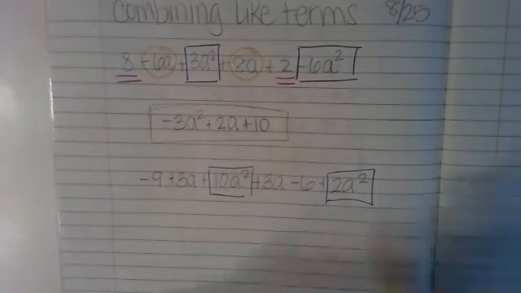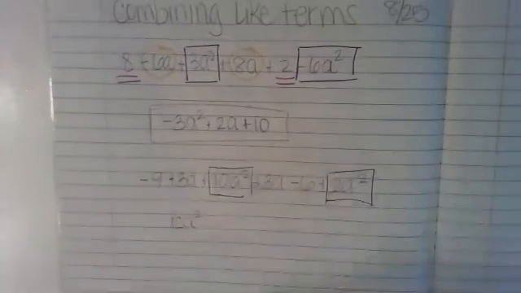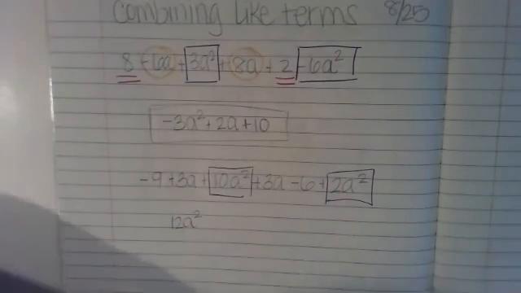So again, I'm going to choose to look for anything with an exponent because in my listing, that's what I'm going to list first. So I happen to see that I have a 2a squared and I have a 10a squared. They're both positives. So when I combine those, that ends up giving me 12a squared.